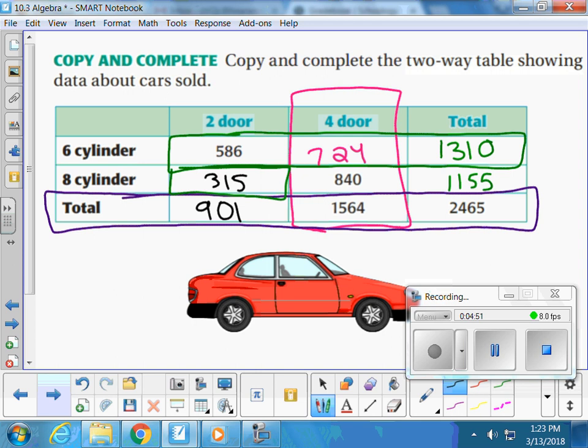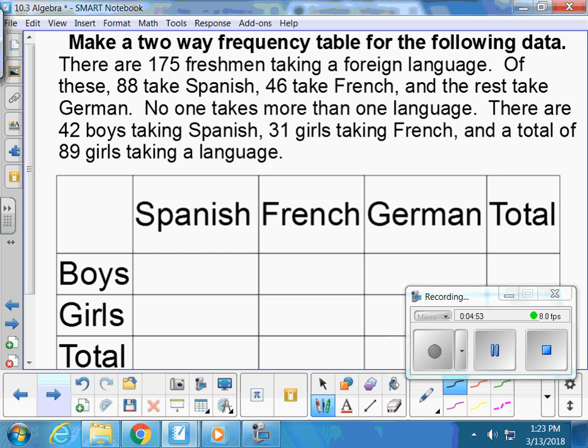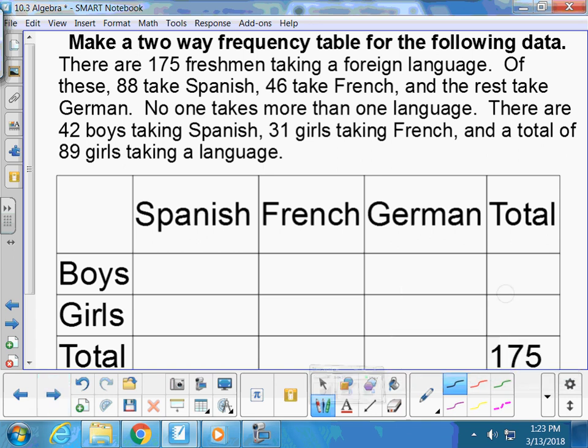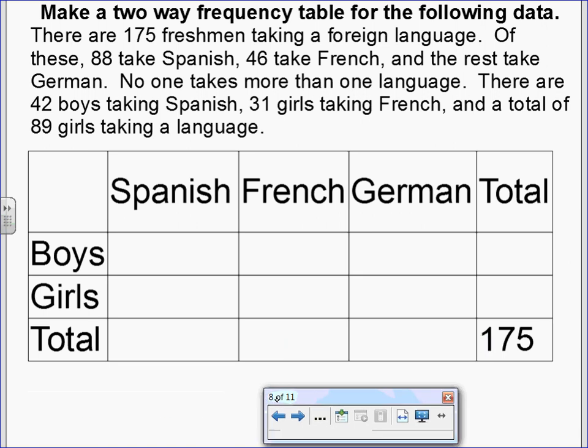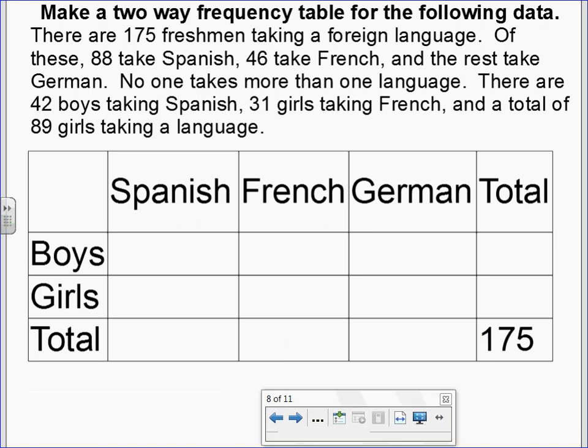All right. This one we get to do some reading and filling out the chart as we read it. All right, there are 175 freshmen taking a foreign language. They kind of already stuck that in the box for us. That's the total amount of people taking the language.